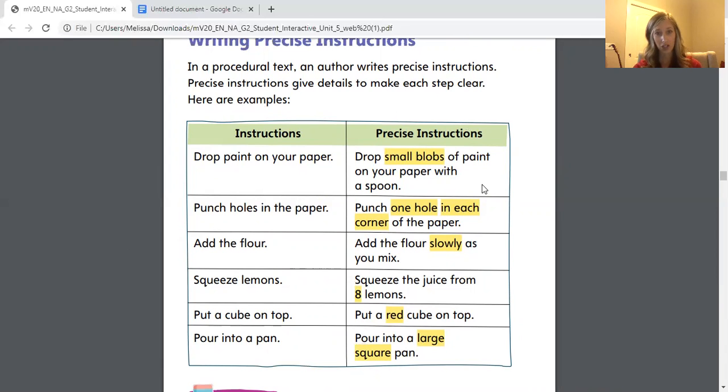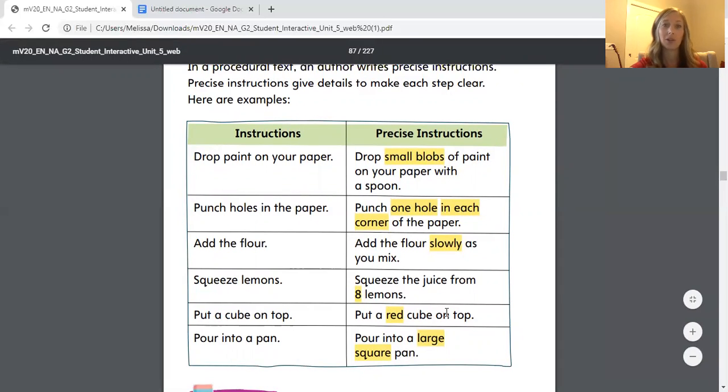The precise instructions have details added. So instead of just saying drop paint on your paper, you might say drop small blobs of paint on your paper with a spoon. So those precise instructions we added, you're not just dropping paint, you're dropping small blobs of paint, you're dropping it on your paper, but what are you using? You're using a spoon. Go ahead and read the rest of this to yourself.